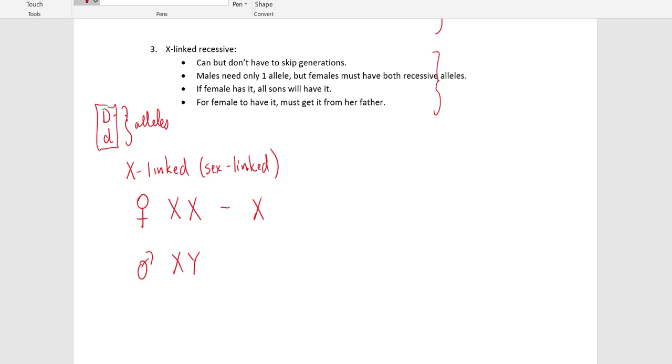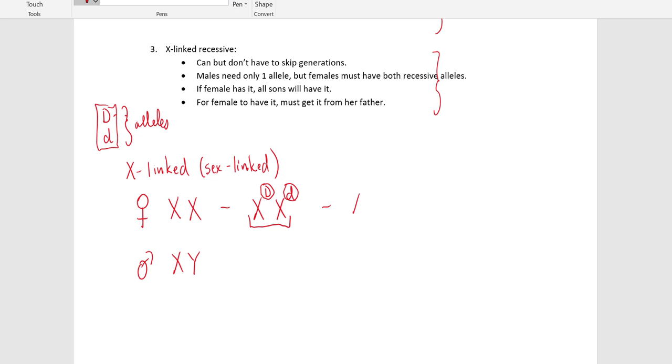Let's say this female was heterozygous, then we would show it like that. So now we can see clearly we're talking about a female, XX, and what genotype she has for the trait or disorder.